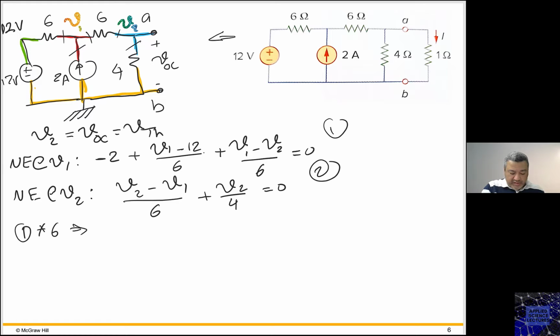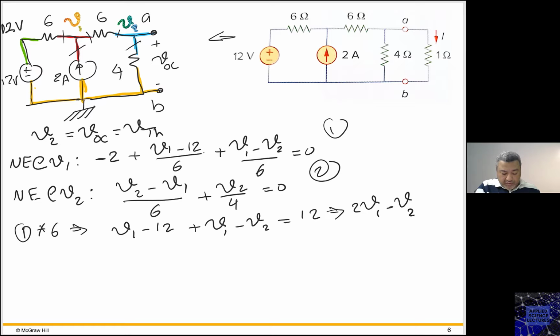What do I get? V1 minus 12 plus V1 minus V2 equals 2. Minus 2 goes to the other side, becomes 2. 2 times 6 is 12, right? And this can be simplified further to 2V1 minus V2 equals 24. So this is equation 3.